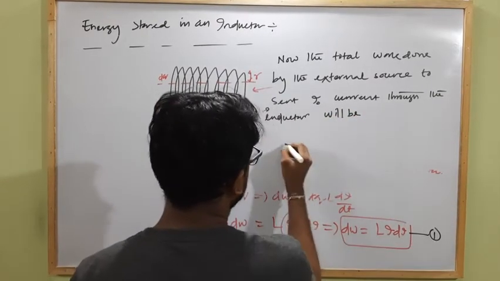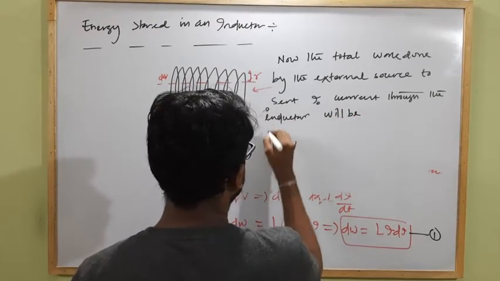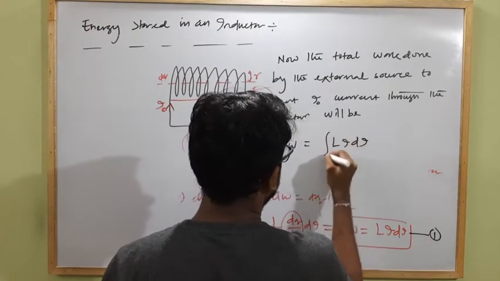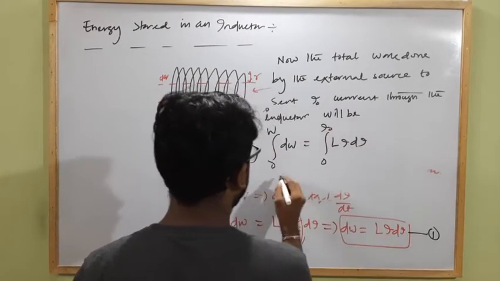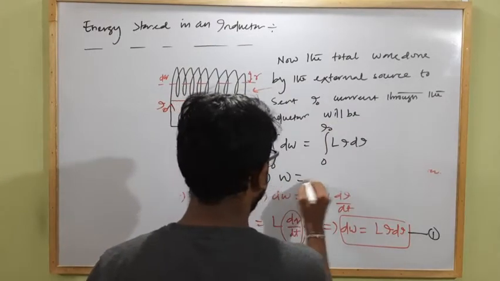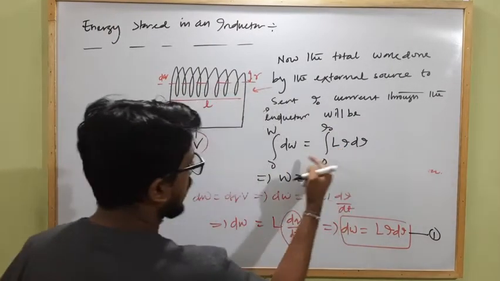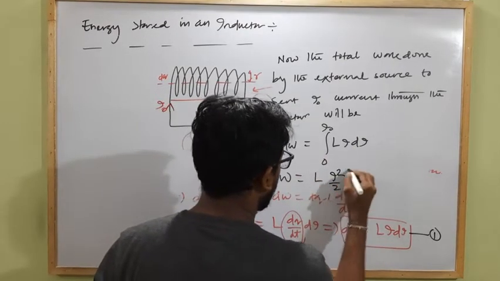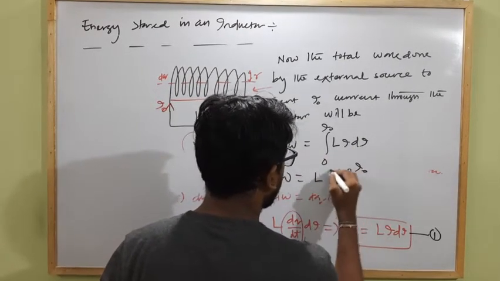By integrating this one, dW from 0 to net work done W will be equal to Li di, current flows from 0 to maximum I naught. So this net work done W equal to L constant, taking it outside, I di integration will be I square by 2, limit from 0 to I naught.